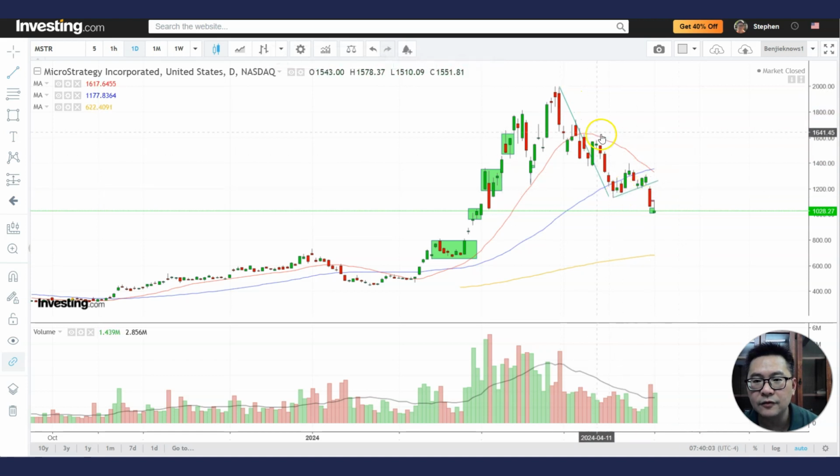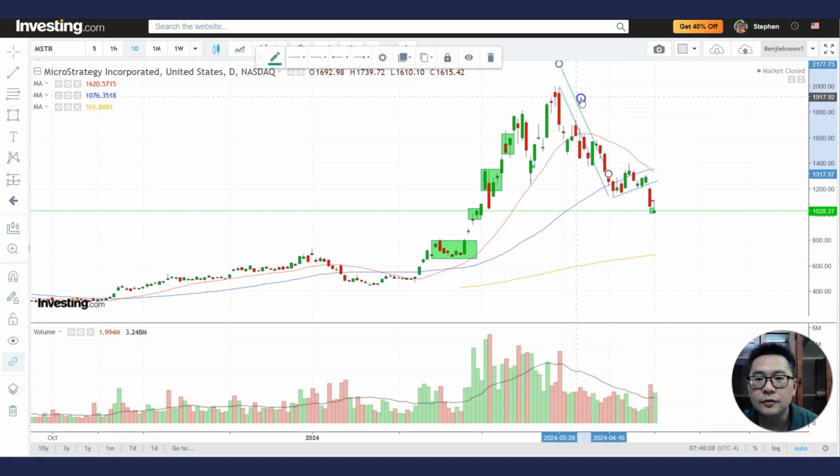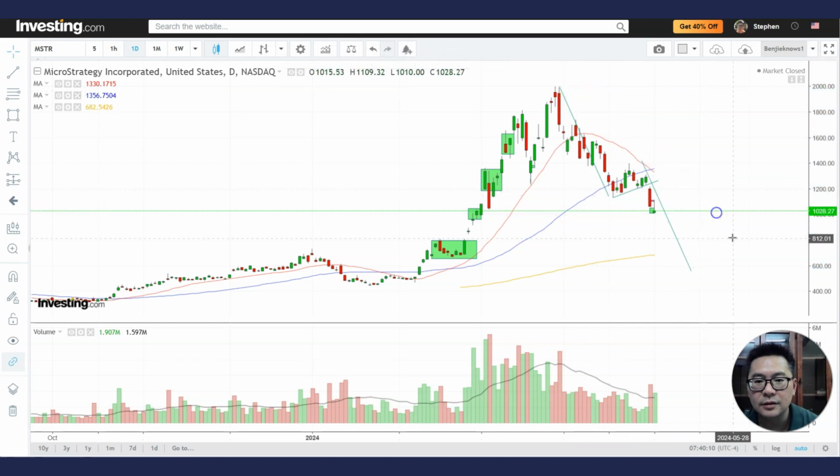This is a bearish flag. You take the measured move, project it downwards. You can get the target of around here. It is very possible. All right, and you might also say that it could be a reverse cup with handle. You know, depends on how you see it.